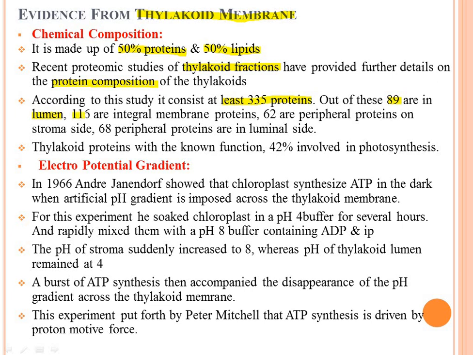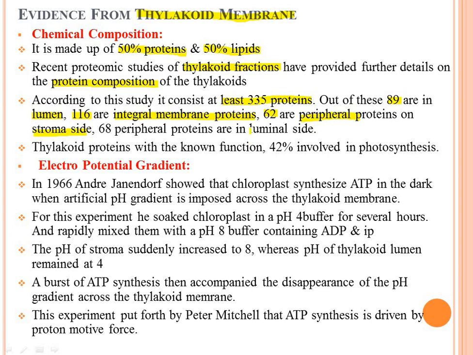Then 116 are integral membrane proteins, meaning transmembrane proteins. 62 are peripheral proteins on the stroma side, and 68 peripheral proteins on the luminal side.